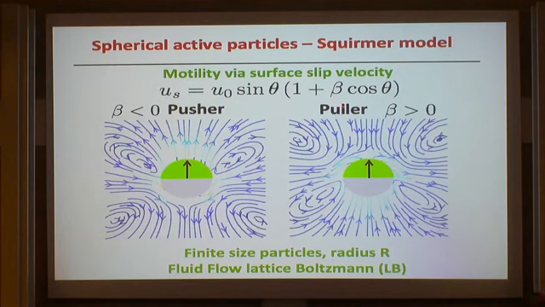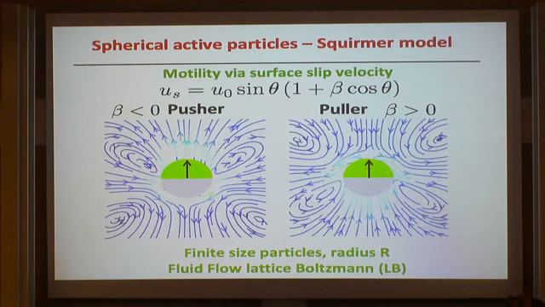And the idea here is that we assign a slip velocity at the particle surface, given by this equation, and that creates the flow field far away from the particle and also gives the self-propulsion. If you add another particle this will be modified, but in the simplest case, this is for a single particle, zero volume fraction, a single particle in the medium.